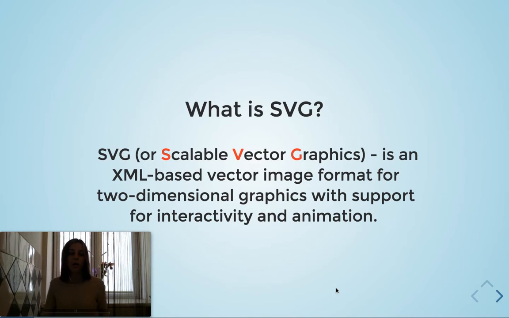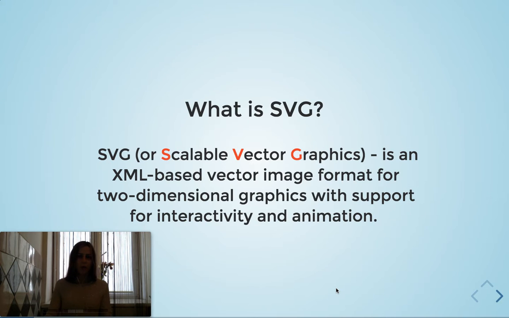So, what is SVG? SVG is a vector graphic format based on XML and is used to display a variety of graphics on the web and other environments. SVG has been around about 15 years. The first public draft of SVG was introduced in 1999 and it didn't become a working draft until a few months later.